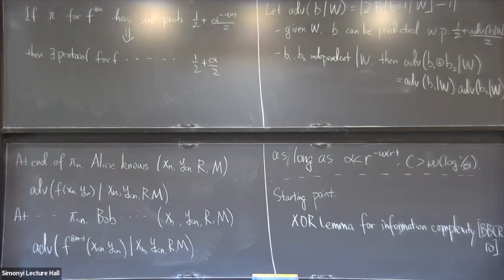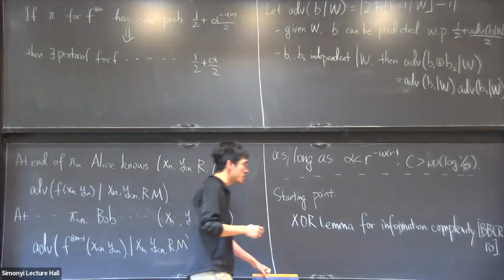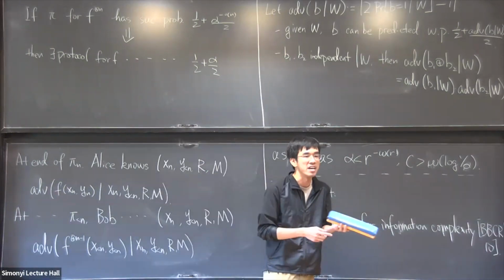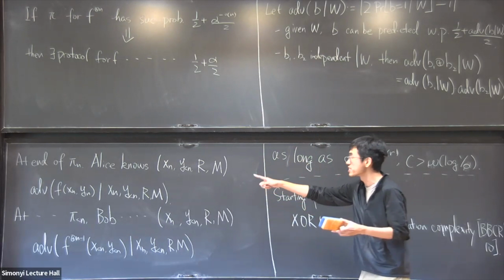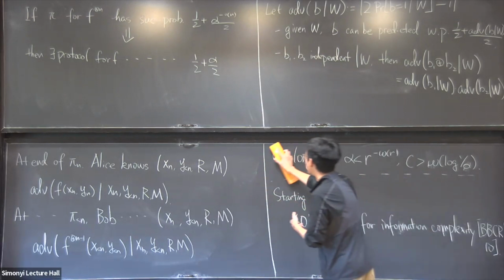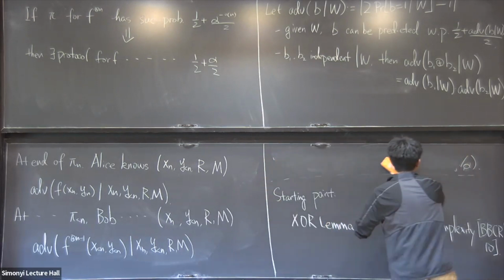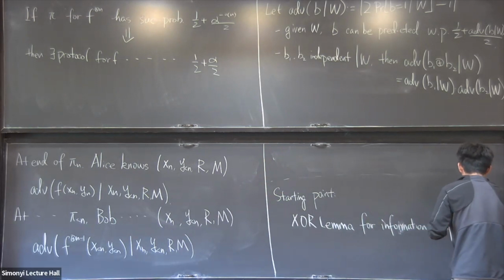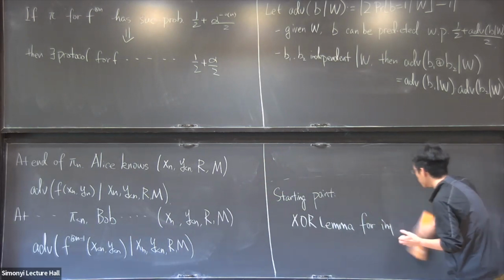In the same distribution, what Alice knows and Bob knows in these two cases are exactly the same, and what they want to predict are these two bits. And because this distribution is generated or induced by the protocol pi, these two bits are actually independent. This can be proved by using the rectangle property of the communication protocol.